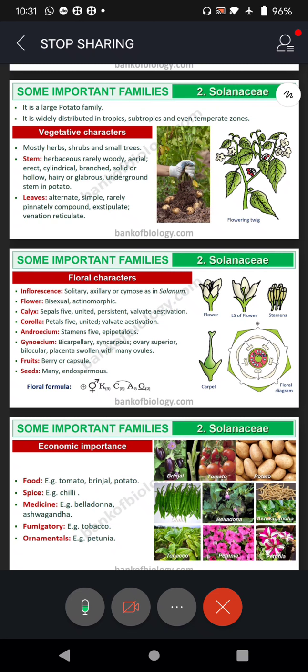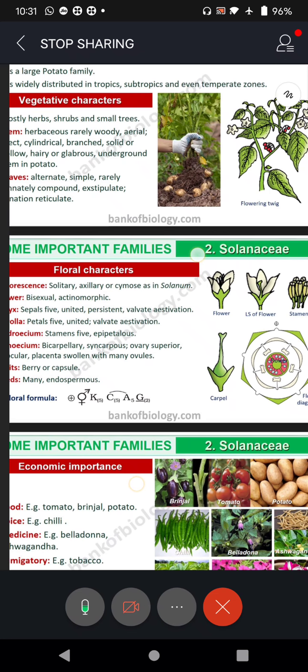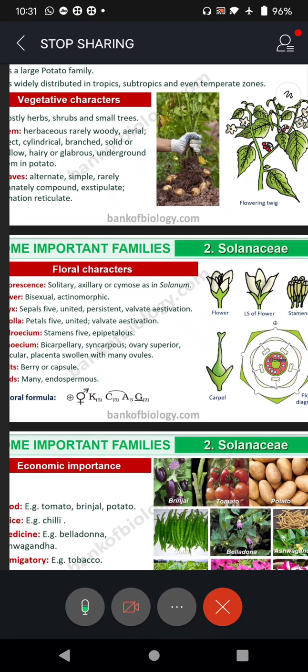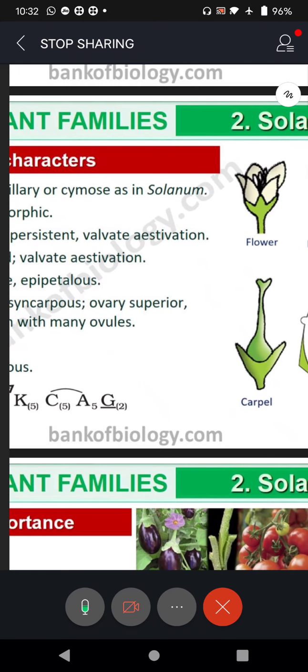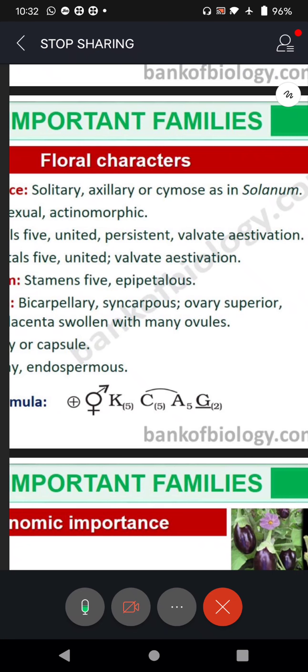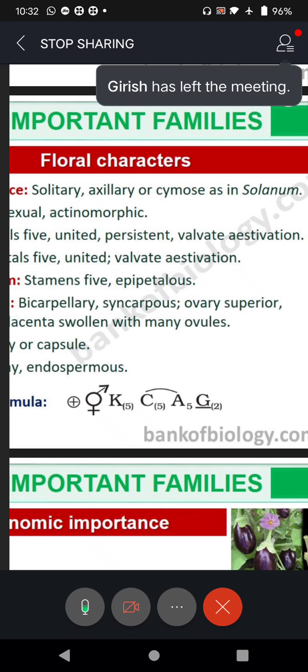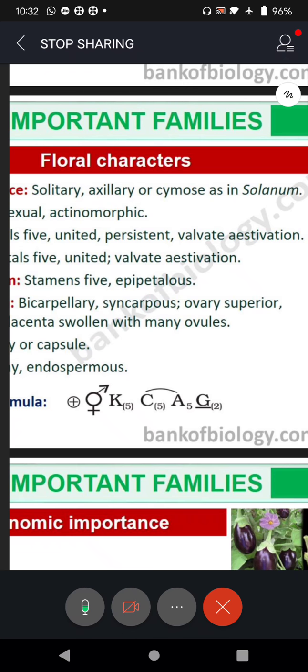One is called the floral formula. Yesterday I described the significance of each symbol. If we are able to write like this, it is called floral formula. Any family of the plants can be described in this way, in a short brief form.